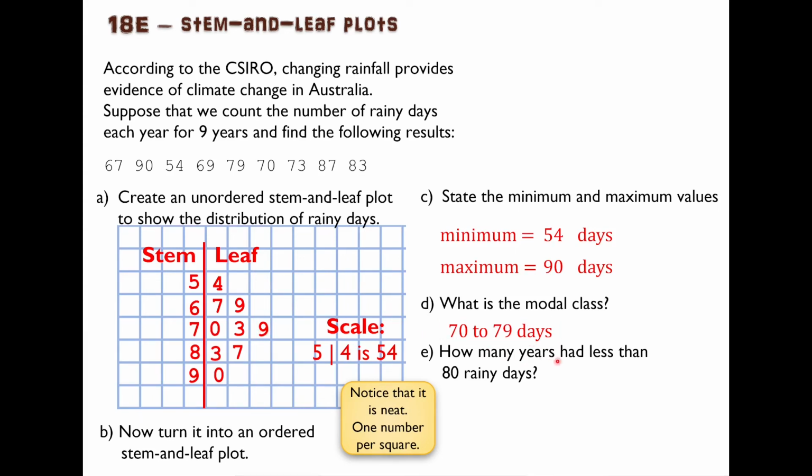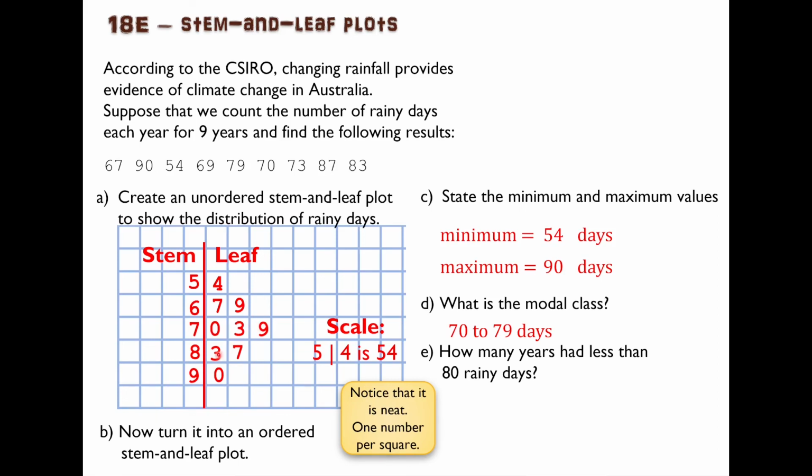How many years had less than 80 rainy days? Because we have all of the original data points in the original data, we can check this. This data point this year had 54 rainy days. This one was 67 rainy days. This one was 69 rainy days, 70, 73, 79. Oh, this one was too much.